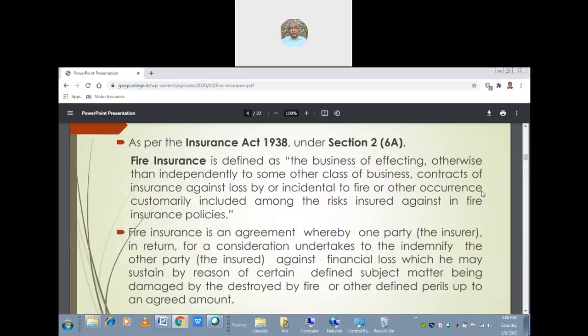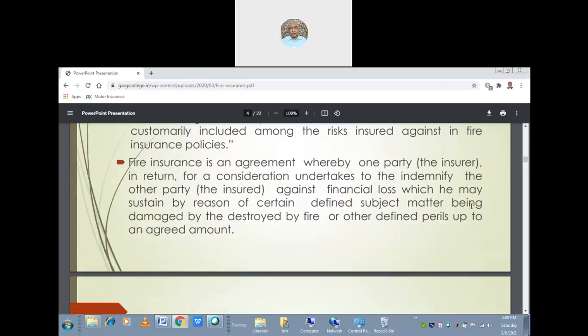So usually that also comes under fire if any property is damaged by an act of God, that is, natural calamities, natural catastrophes or natural disasters. Even that can come under other occurrences, but it is clearly mentioned in the bond itself what is covered and what is not covered.